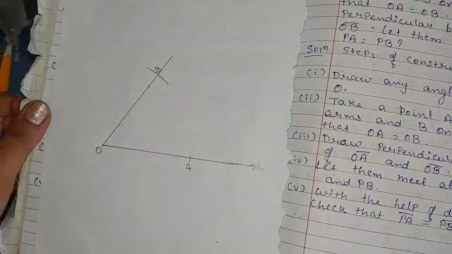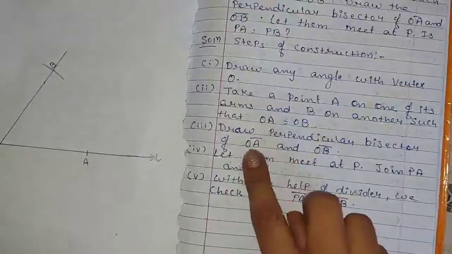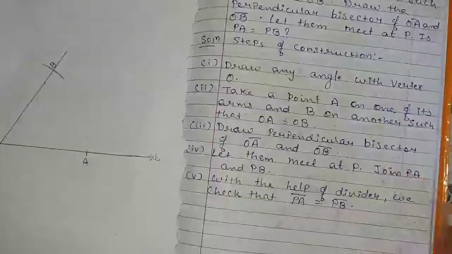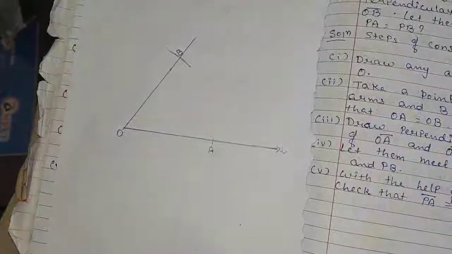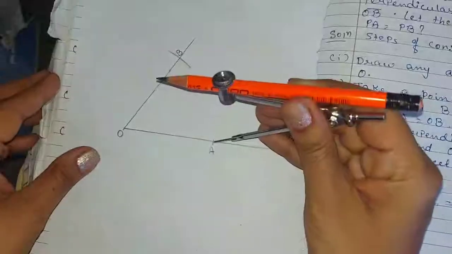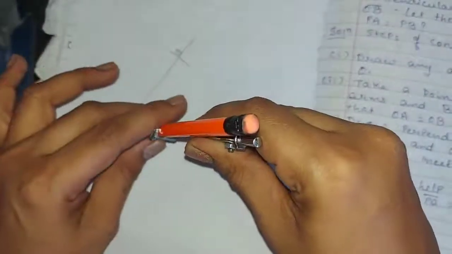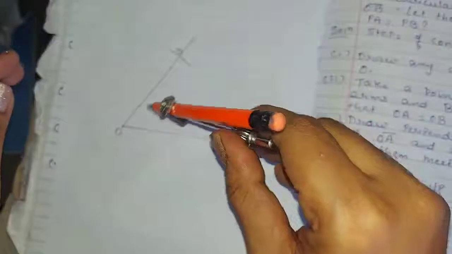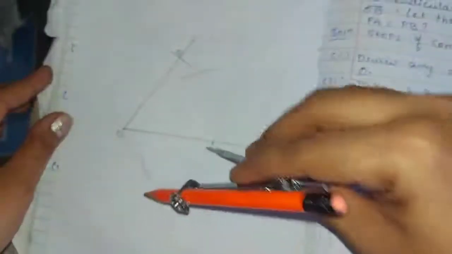Now let us see another step. Draw the perpendicular bisector of OA and OB. So let us draw the perpendicular bisector of OA and OB. So students, what is the rule of the perpendicular bisector? We have to take the radius more than half. So we have taken the radius more than half. Now with center A, we will take one arc above and one arc below.